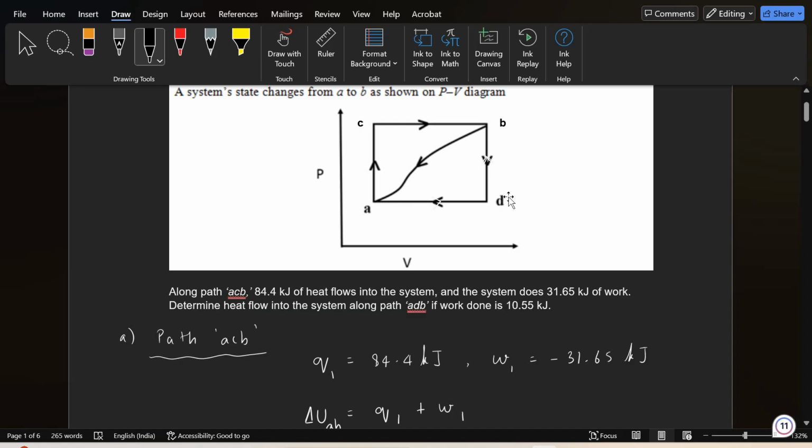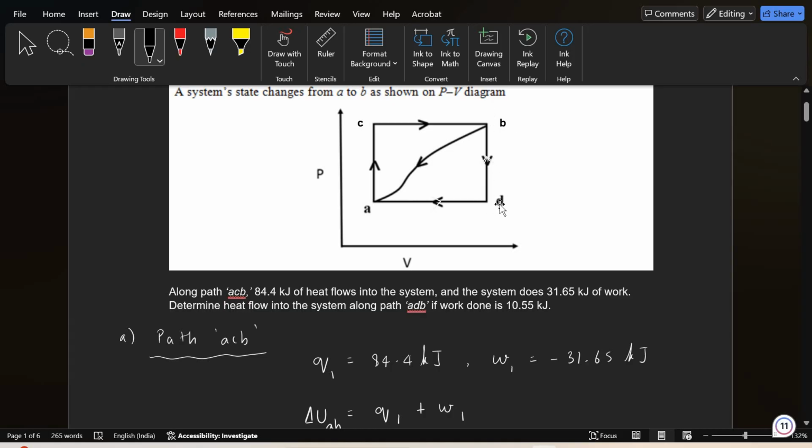V is not changing. So if delta V is 0, then what is the work done? What is the work done formula? Work done is P dV, external pressure into change in volume.